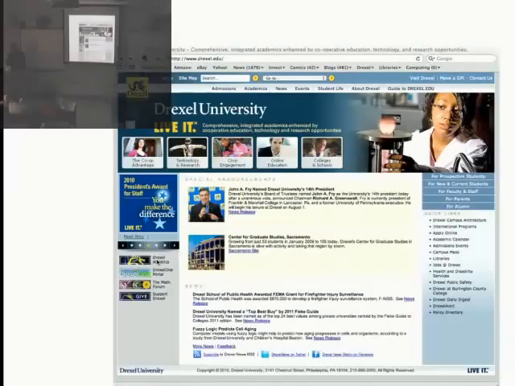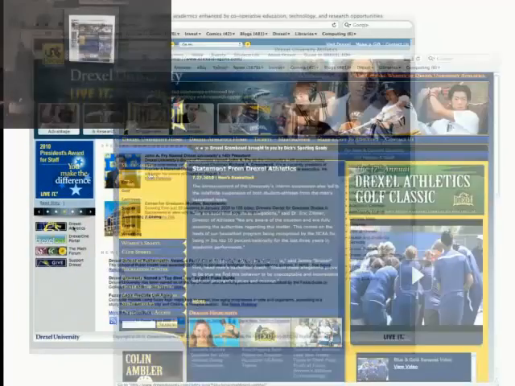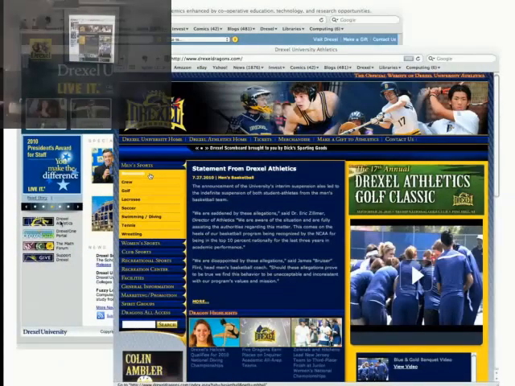Suppose you want to find out what the roster of Drexel's basketball team is. One thing you could do is go to Drexel's homepage and click on athletics, which is over here. Then you go to the athletic department and click on basketball.